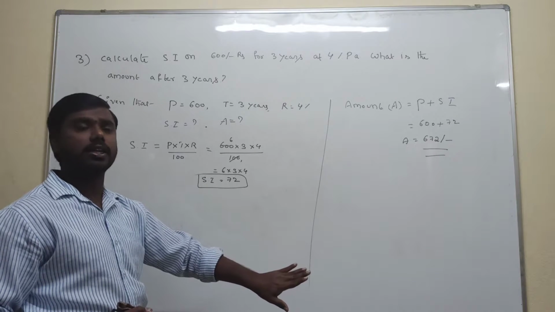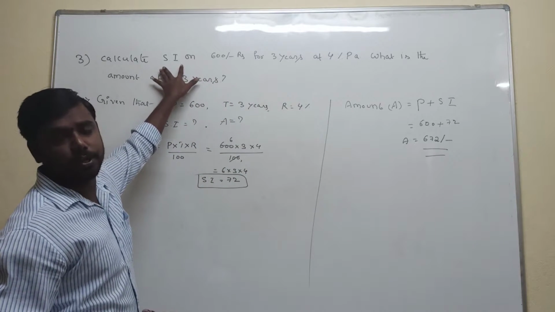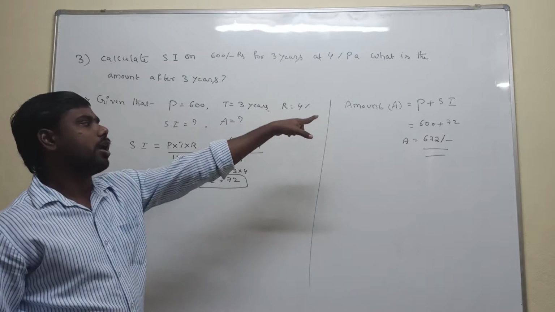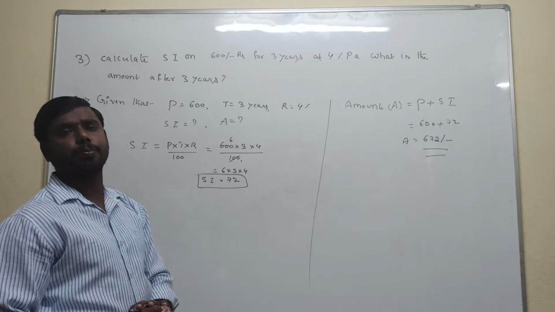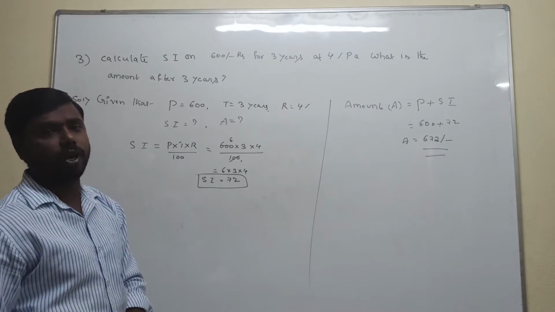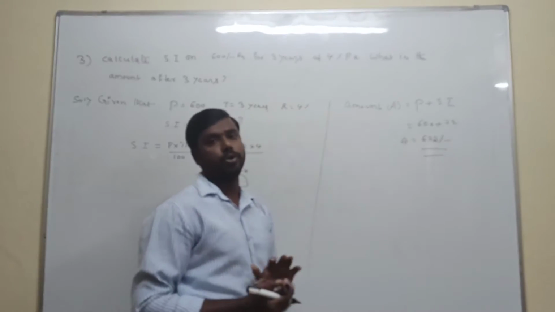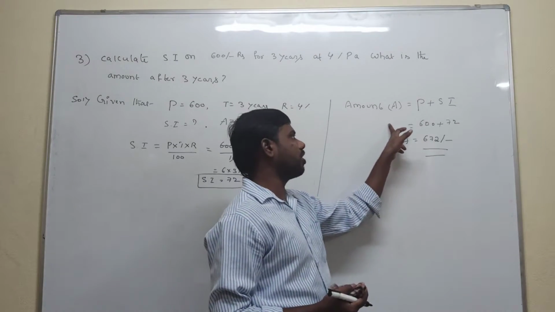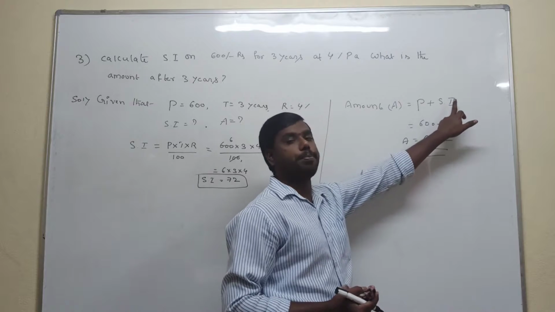That's why first we calculate simple interest, and after that the total amount, whose formula is principal amount plus simple interest.